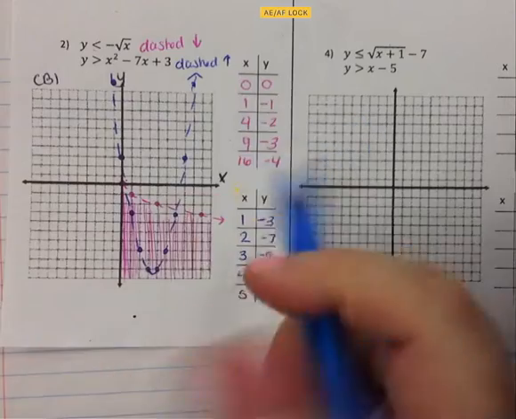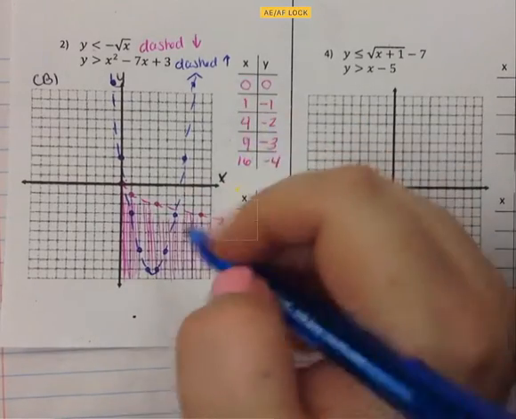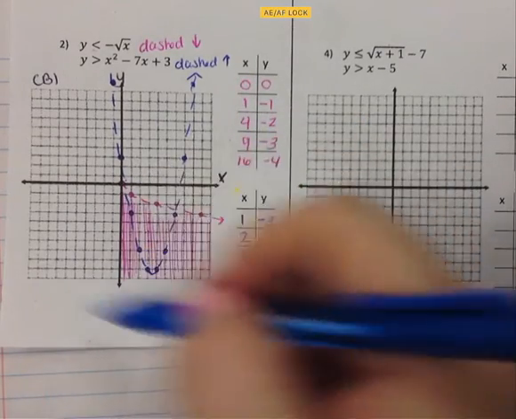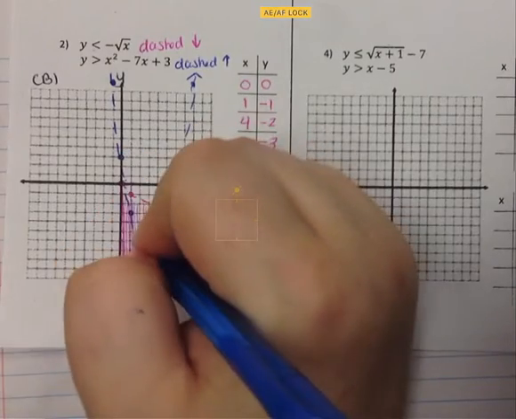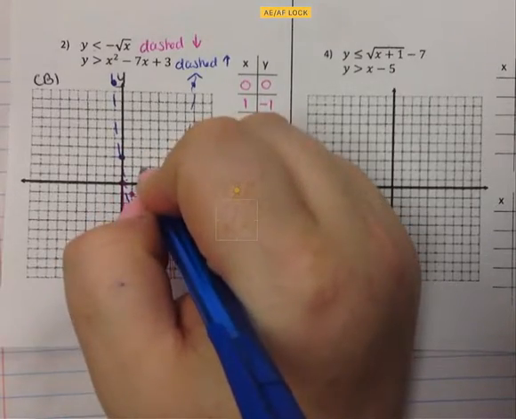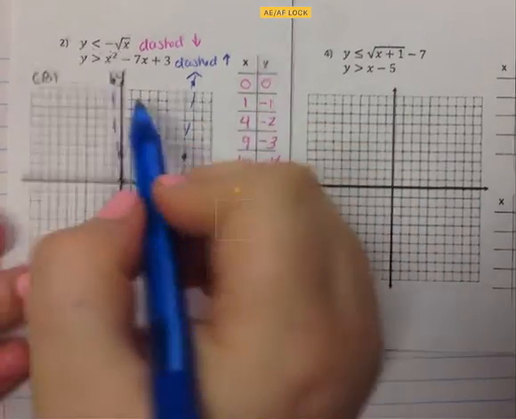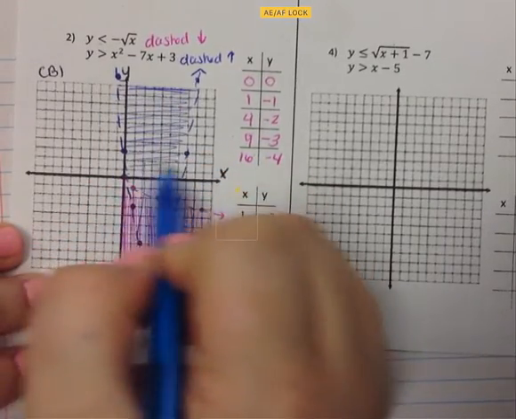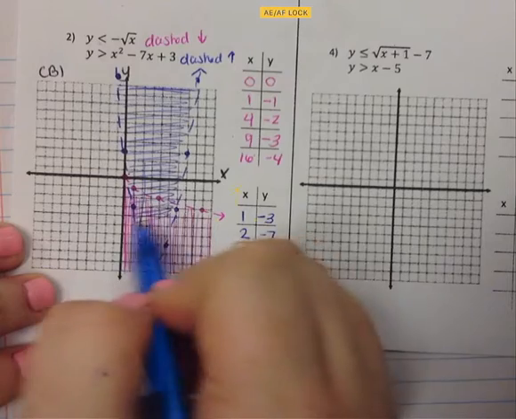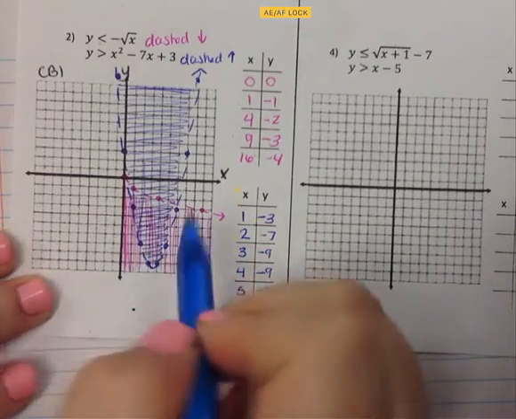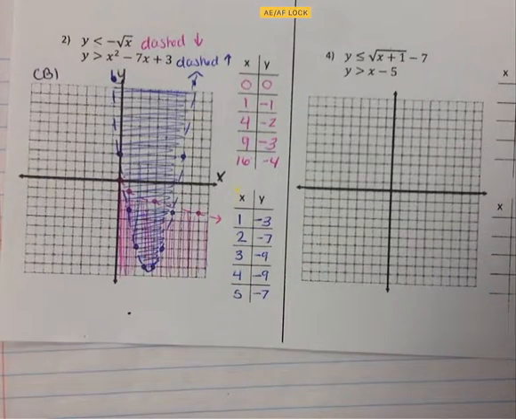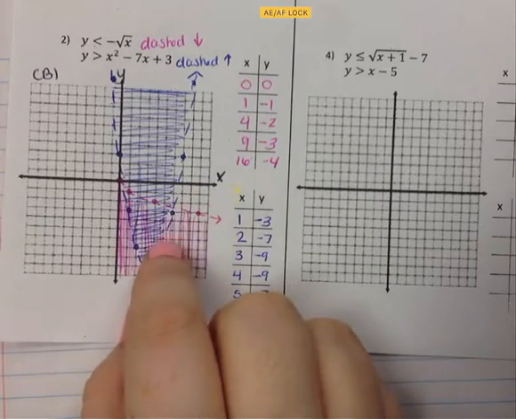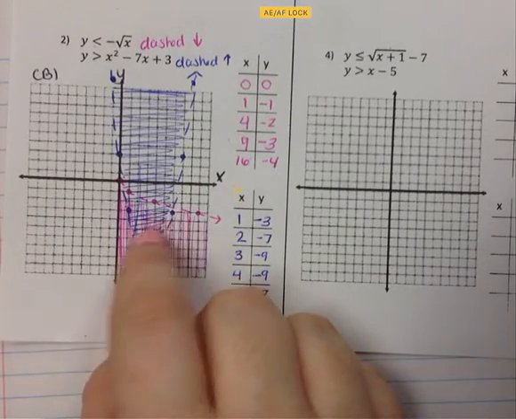The blue is asking us to shade up. So from my parabola, am I going to shade inside the parabola or outside the parabola? With the blue, I'm going to shade up, which is inside the parabola. So I'm going to shade in the blue inside the parabola. And again, I want to find where they crisscross, where the blue and pink meet, and it's inside the parabola underneath the radical.